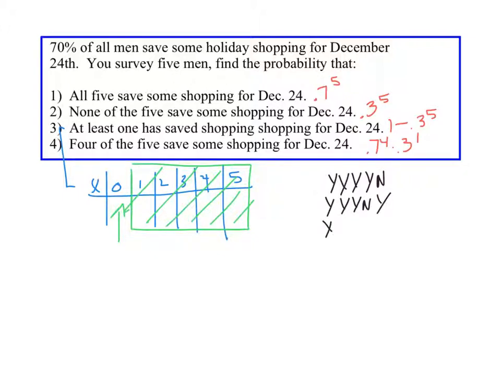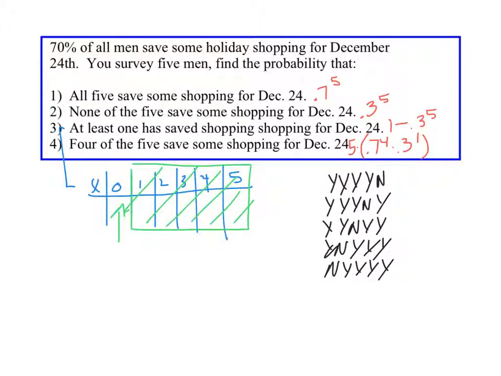I'm going to write some more possibilities here. There are 5 ways in which 4 of the 5 could say yes. So we have to take this answer and multiply it by 5.